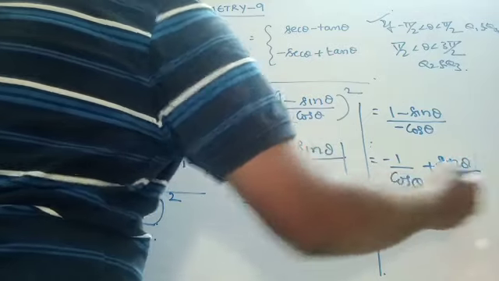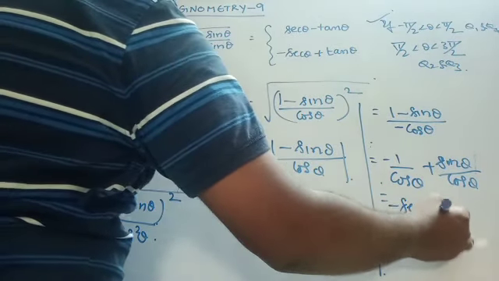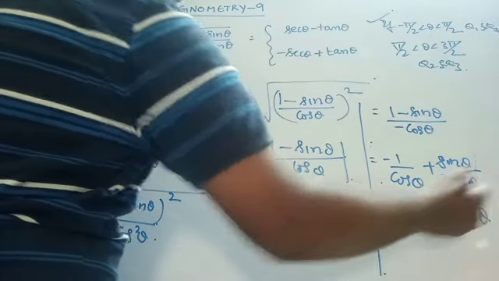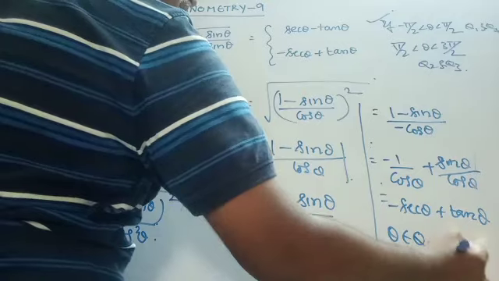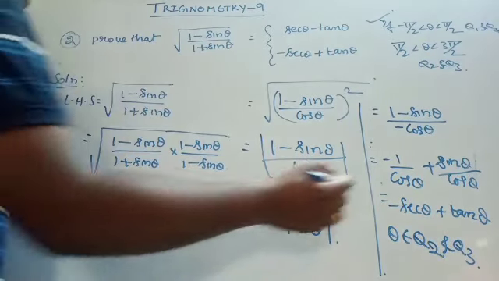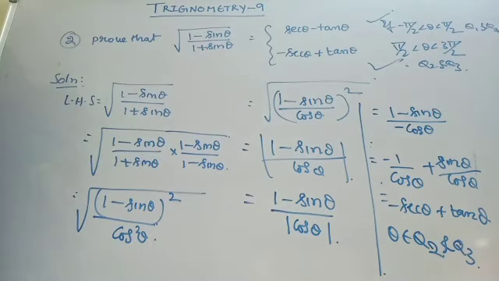This means you have minus secant theta plus tan theta for the second condition, when theta belongs to Q2 and Q3. Therefore, the second thing also we have proved very nicely.